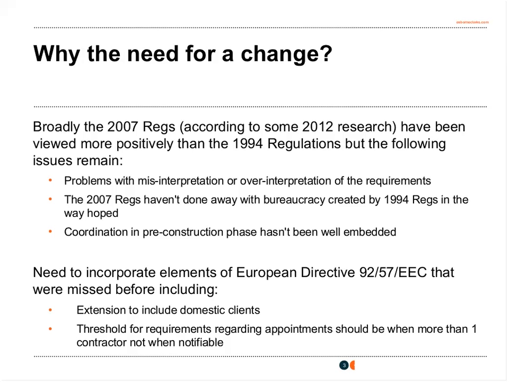The regulations have been very much misinterpreted over the years, and instead of reaching those goals of improving safety, it has been seen by many that they have led to tick box exercises in the industry. The idea of coordination in pre-construction and design phases simply hasn't been well embedded, and the 2015 regulations, as you will see, are really focusing on those areas.